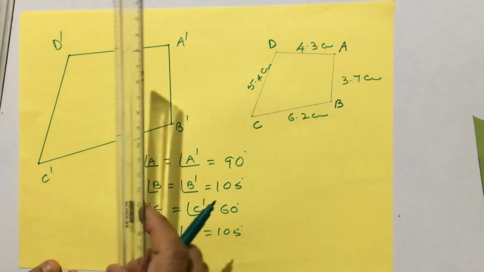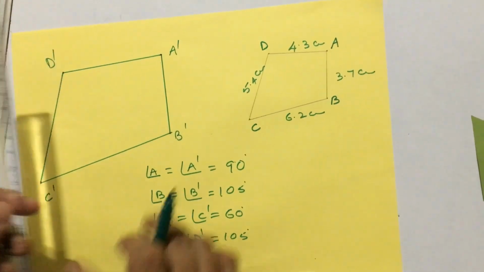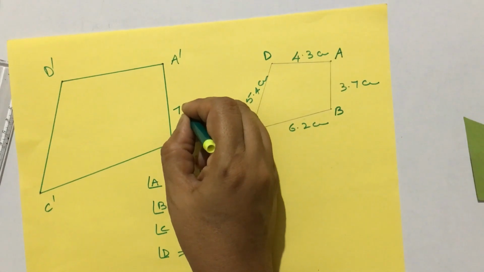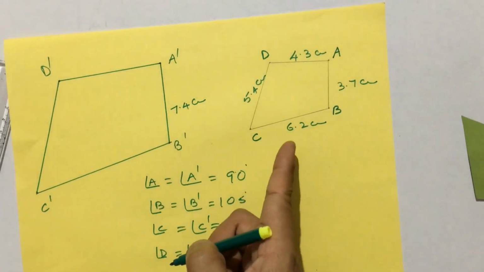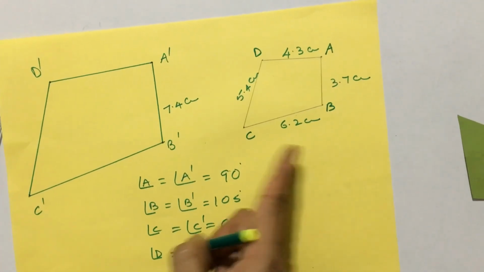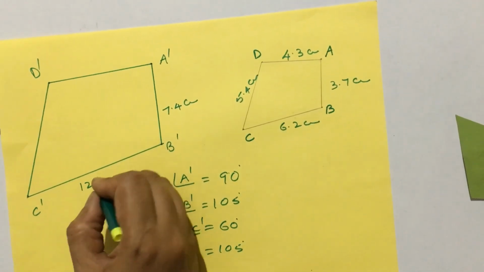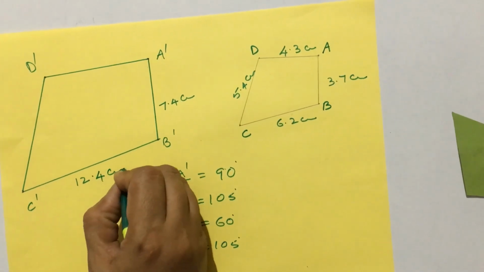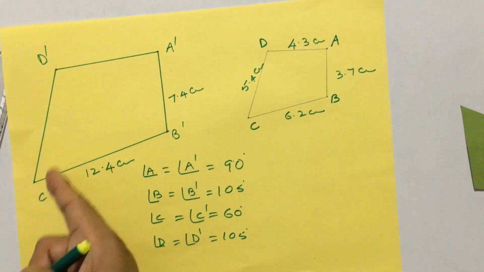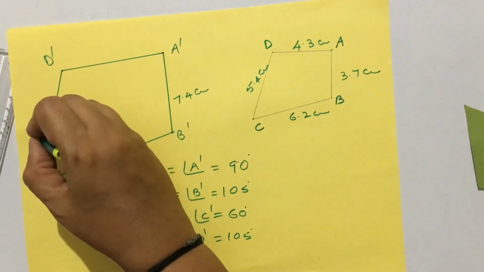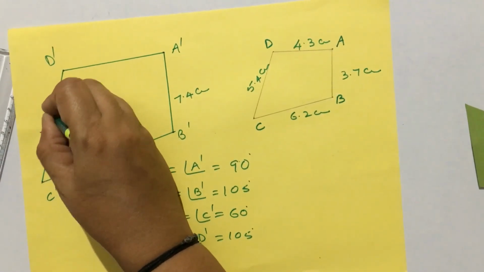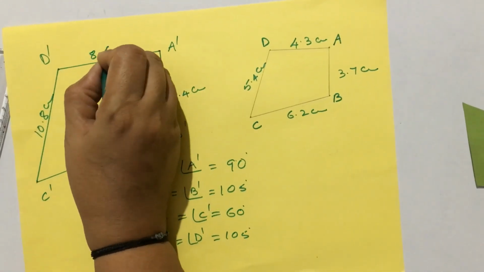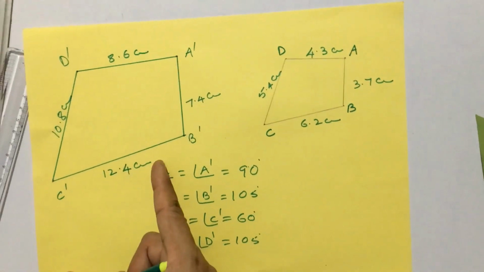After measuring, we get A dash B dash as 7.4, B dash C dash as 12.4, C dash D dash as 10.8 centimeters, and A dash D dash as 8.6 centimeters. After measuring, I got these measurements.